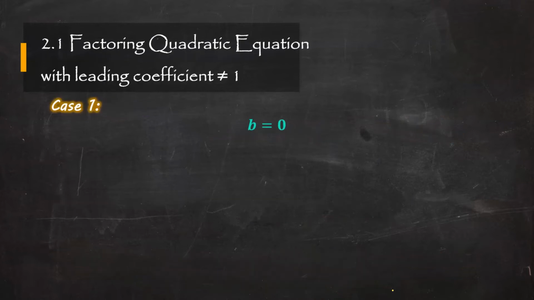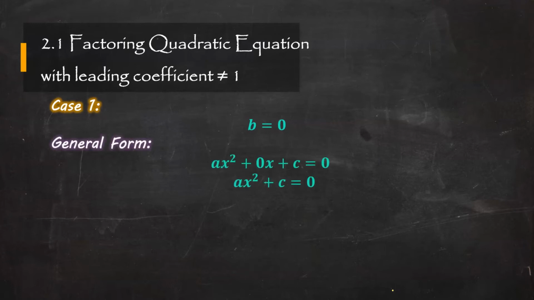Case 1 is when b equals 0. Here's the general expression: ax squared plus c equals 0. We have to make sure that a and c have different signs.